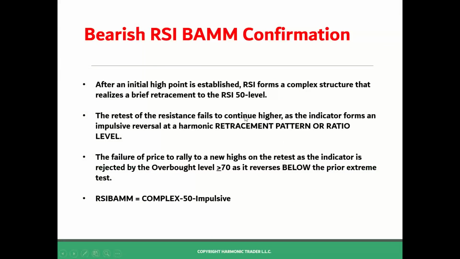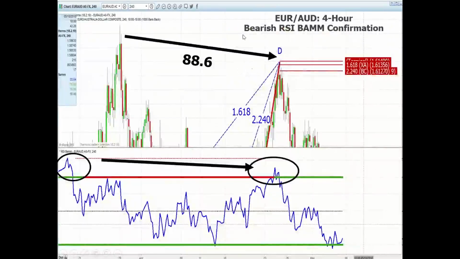Bearish RSI BAMM confirmation, really we start to look at that at the 786 or the 886 ratio when we hit the overbought level. And that's, again, in this example, Euro Aussie 4-hour. When we get overbought, where's the big retracement level off the top?